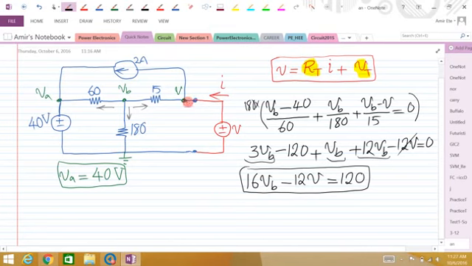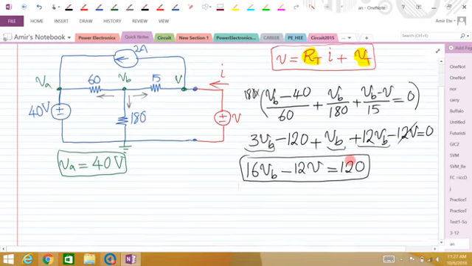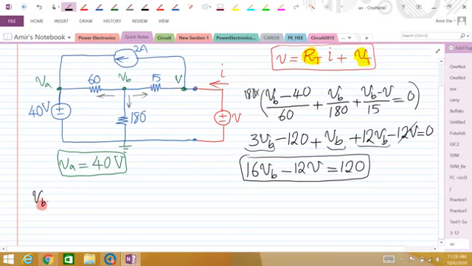So if you look at the circuit, I notice that I can write a KCL for this node here. This current is entering, I enters, and 2 amps leaves the node. So the current going to the right is VB minus V over 15.